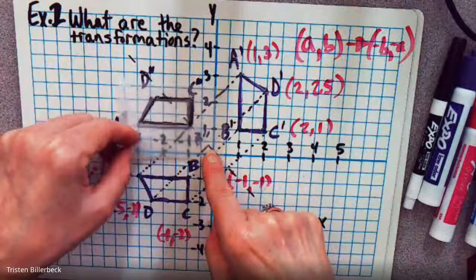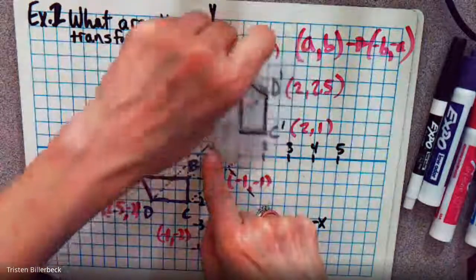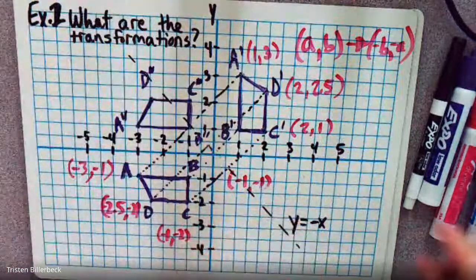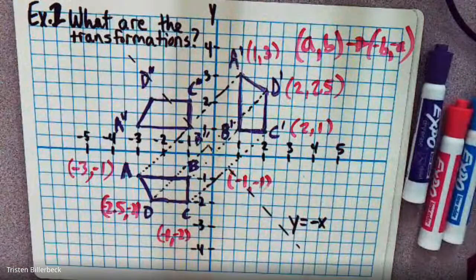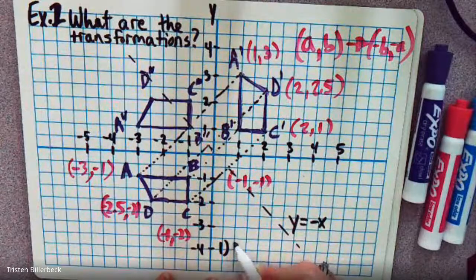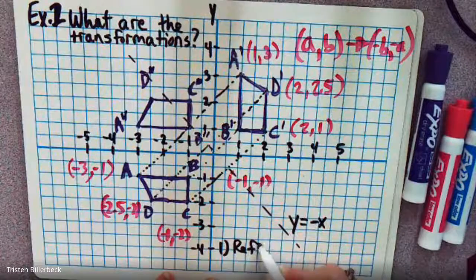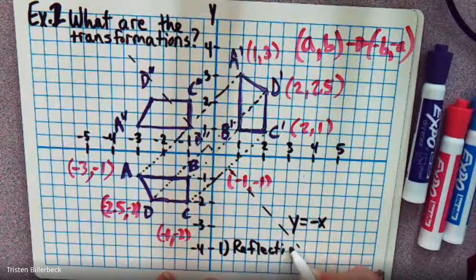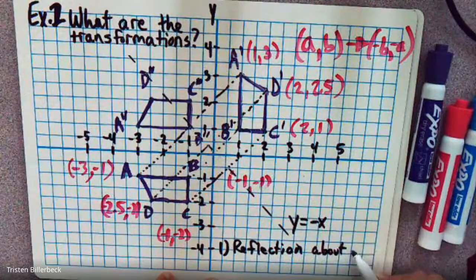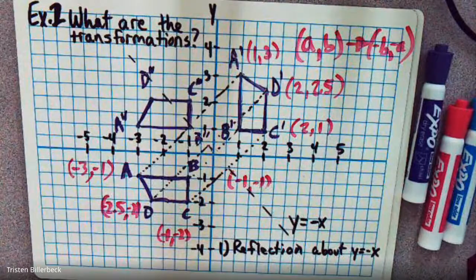Okay, so now we have a 90-degree rotation. So we can say, ha, you didn't fool us. The first transformation is a reflection, not a rotation, about y equals negative x. Because I know what that line is, even though I'm in Singapore Math 8.